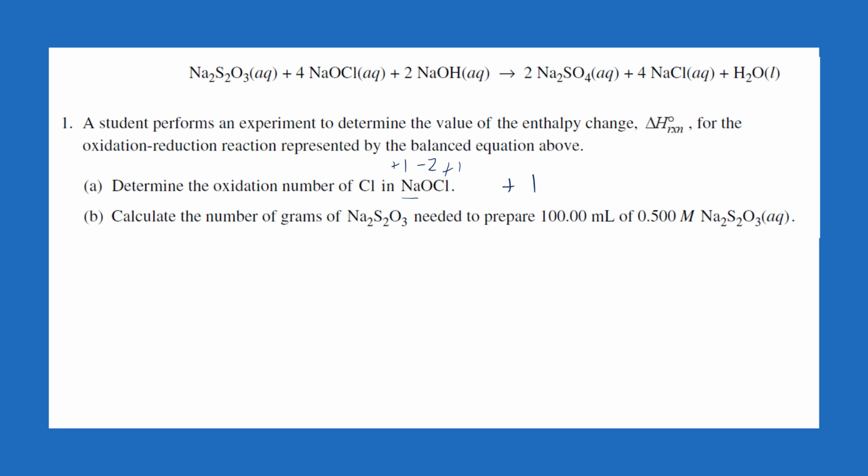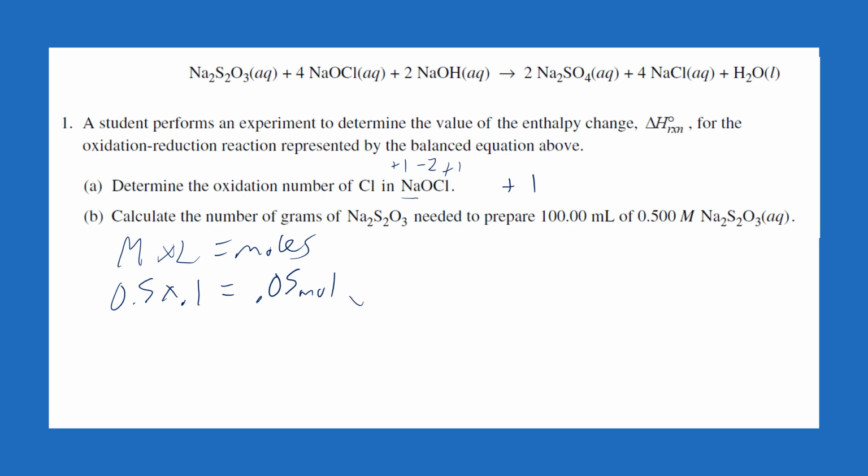Now, calculate the number of grams of this Na2S2O3 needed to prepare 100 milliliters of 0.5 molar. Big one to remember is molarity times liters gives you moles. That one's used all the time, so it's worth remembering. Molarity is 0.5, our liters is 0.1, so 0.05 moles is needed.